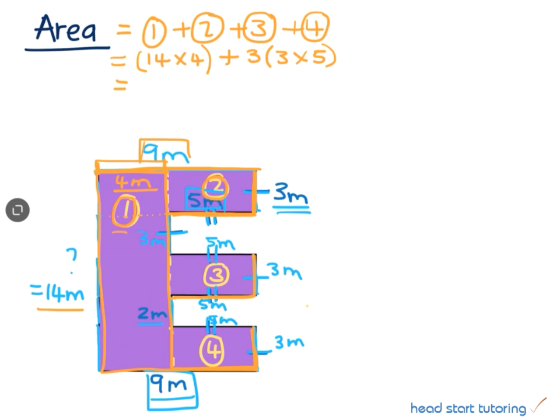So 14 multiplied by 4, which we will work out on the side. We've got 14 multiplied by 4, and we end up with 4 times 4 is 16, 4 times 1 is 4, plus 1 is 5, so we've got 56 meters squared there. And we're plussing 3 times 15, because 3 times 5 is 15, and 3 times 15 will give us an answer of 45 meters squared.